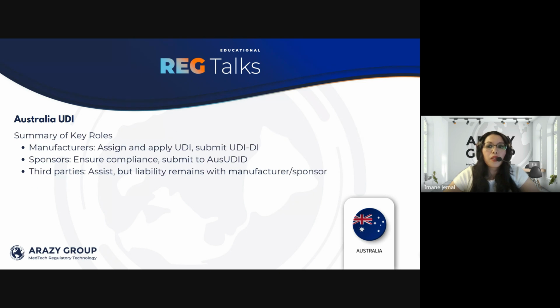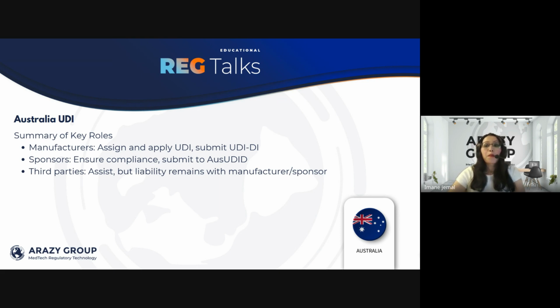Basically, the manufacturer must allocate and apply both the UDI-DI and UDI-PI and ensure compliance with labeling and packaging. The sponsor must verify and submit the UDI to the AusUDID.